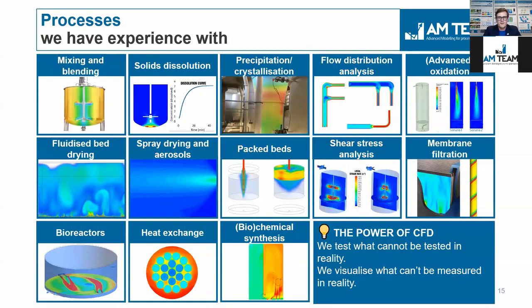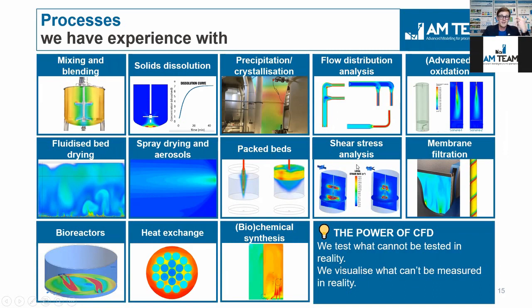So what are the different application cases we have been working on in our company? There are actually many, many more than on this slide, but this is just a selection of them. One, we are talking about mixing and blending applications, dissolution of solids in a vessel, precipitation, crystallization, reactions, flow distribution analysis, oxidation processes, sprays, fluidized beds, packed beds.